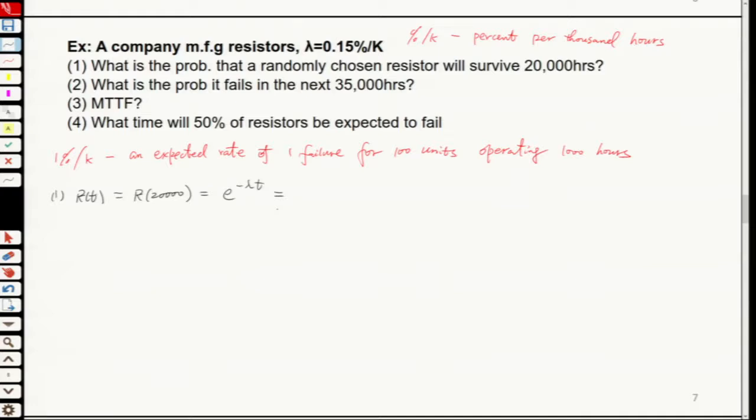Per K is 10 power minus 3. If you add these two together, the lambda is exponential minus 0.15 times 10 power minus 5.